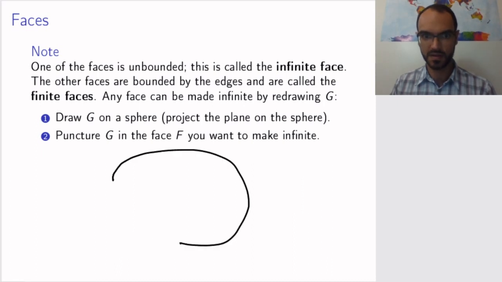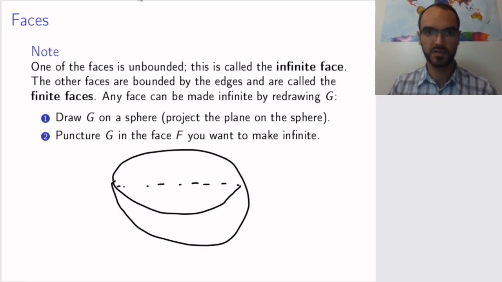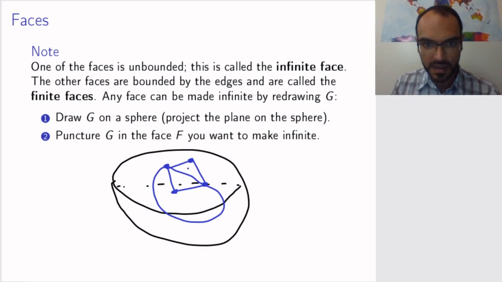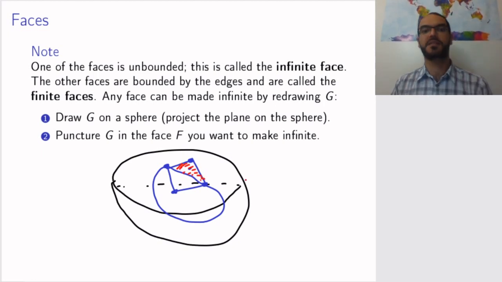So if you have here the sphere. Again, very beautifully drawn. And then you have a graph like that. And now I take a point, say, here. So I want to make this red face infinite.